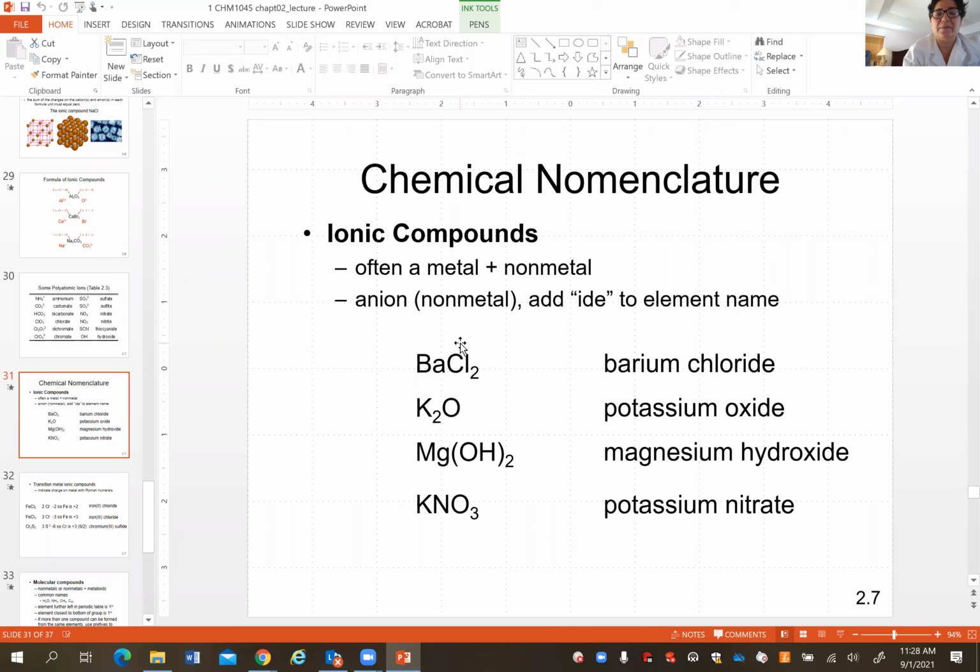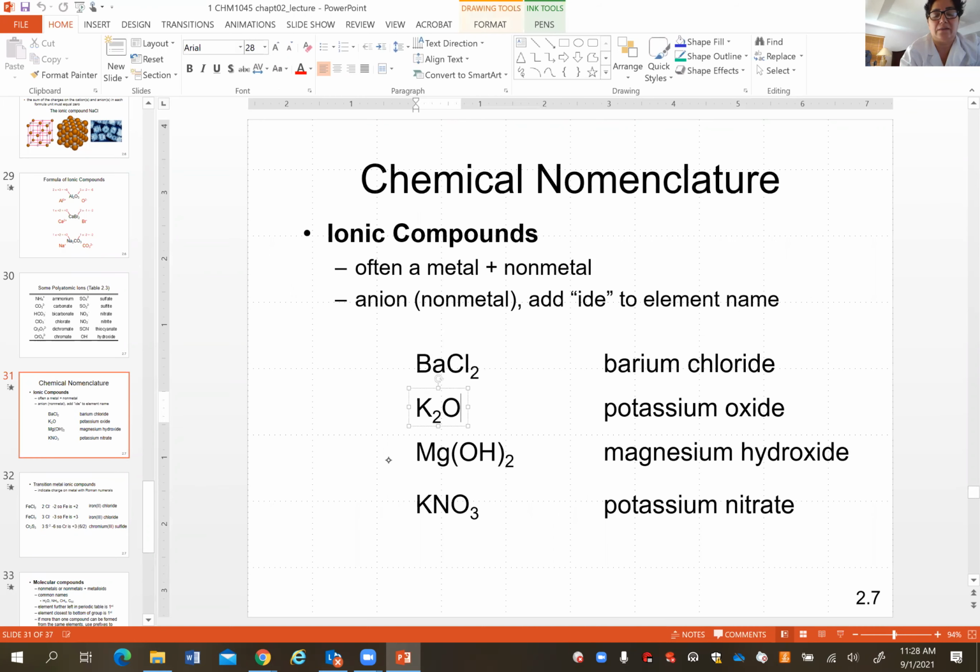We talked about a binary compound, remember? With the binary compound, meaning that we only have 2 types of element, the name of the compound should end with IDE.